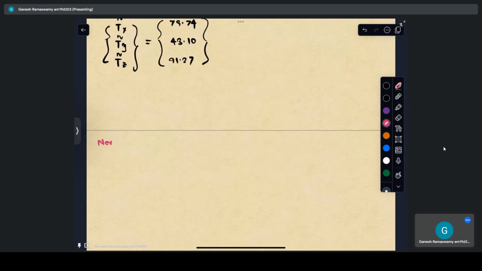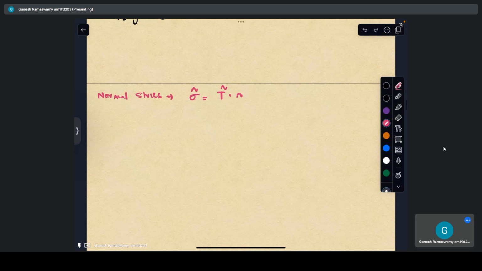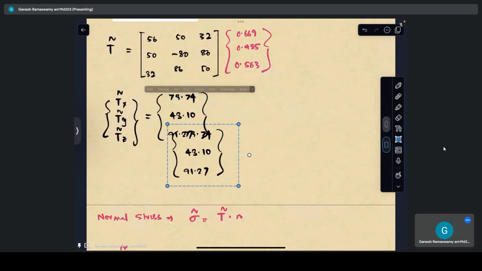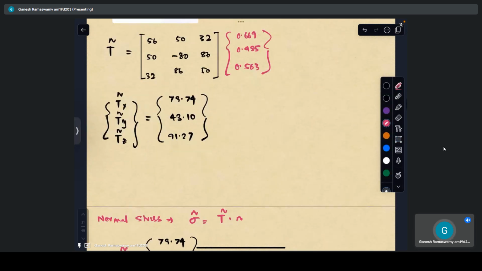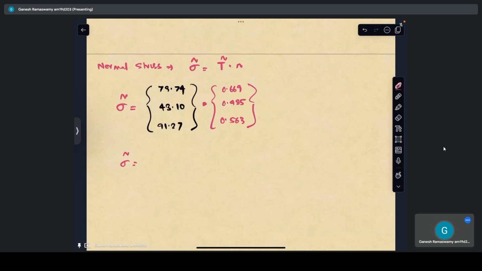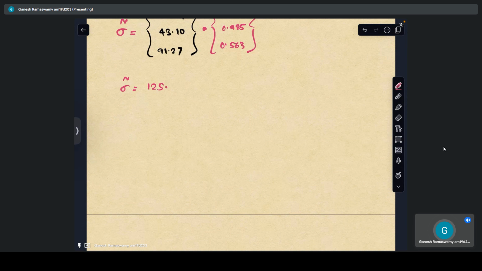So the normal stress sigma n is Tn dot n, which gives me sigma n, the traction vector is here dotted with my normal vector. So this comes out to be 125.66 MPa.